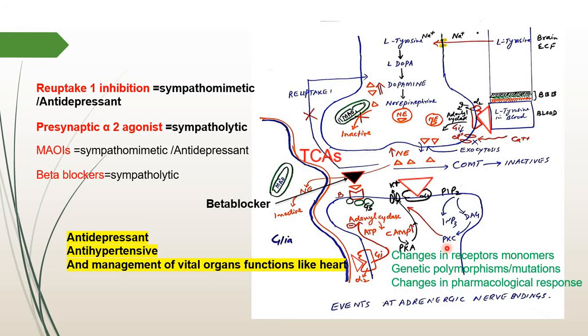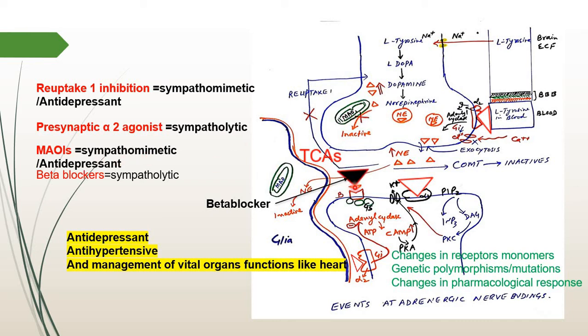Besides that, there are parasympathetic nerve endings as well, which I have not shown here, because that will make the system more complicated, and I do not want to make it complicated right now. So what happens now? We can play with this, like if monoamine oxidase inhibitors are given, they will work as antidepressants.